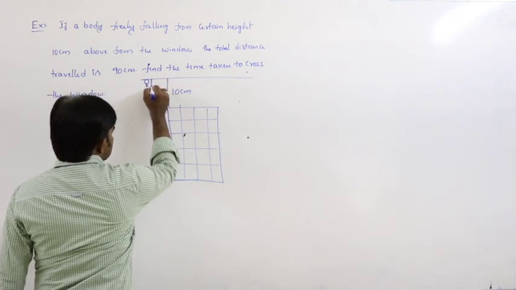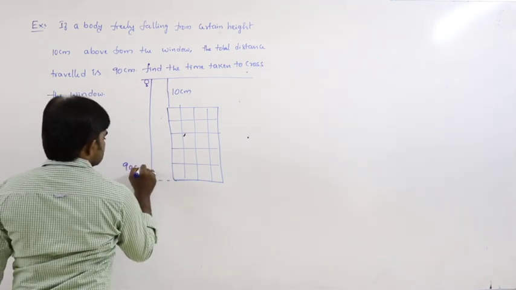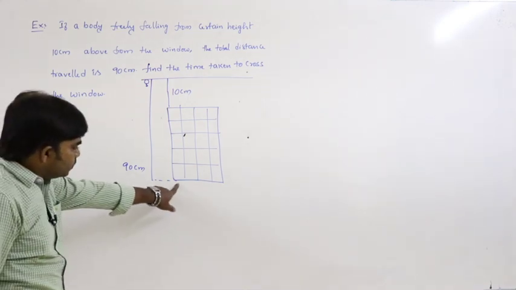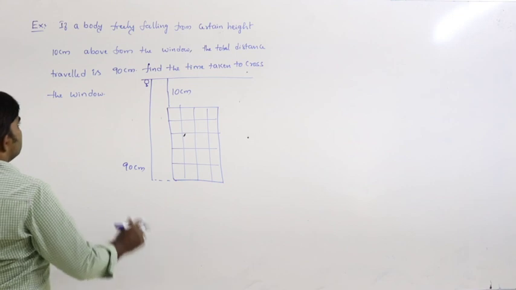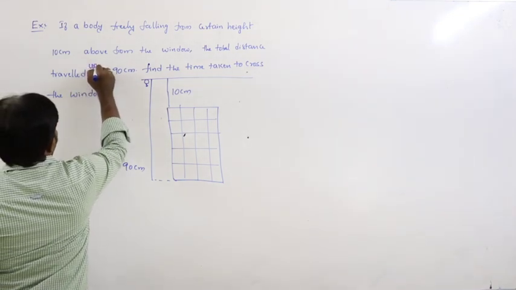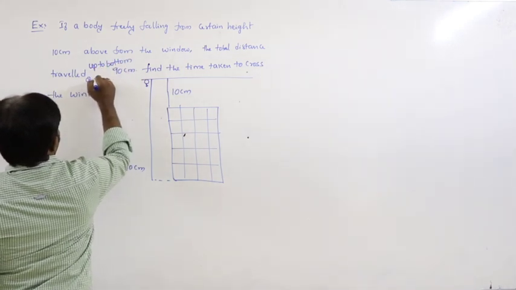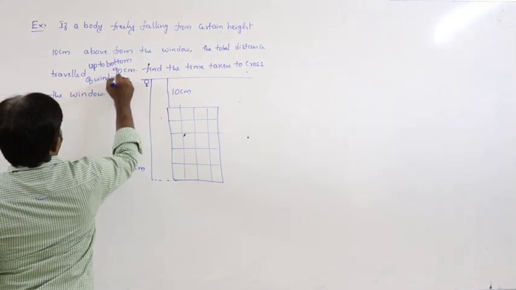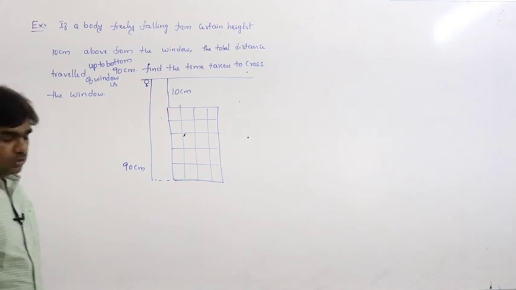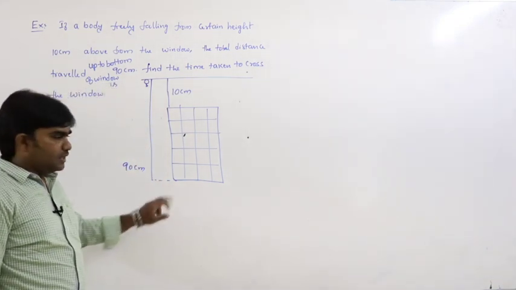The total distance travelled up to the bottom of the window is 90 centimeters.